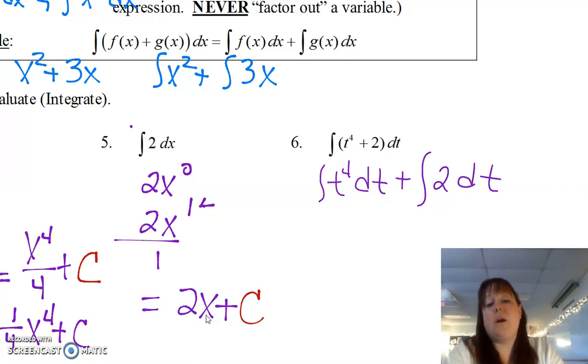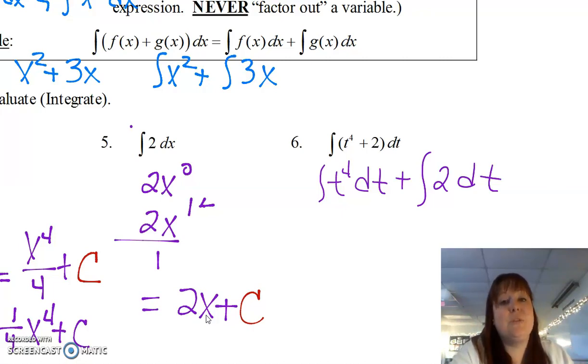Okay? So I just split it if they're adding together. It doesn't work if they're multiplying, just like derivatives don't work if they're multiplying. There's special rules if we multiply. But when we're adding together, we can just split the two of them apart and then evaluate them separately.